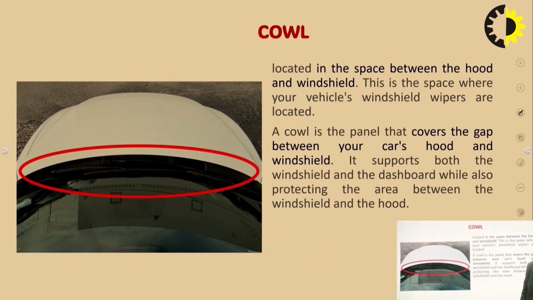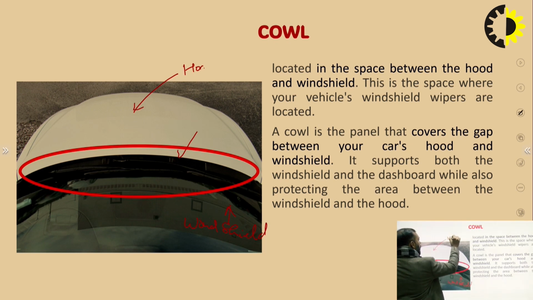There is another part, the cowl. You have seen the cowl in front of your car. It is located in the space between the hood and the windshield. This is the windshield, and this is the hood.